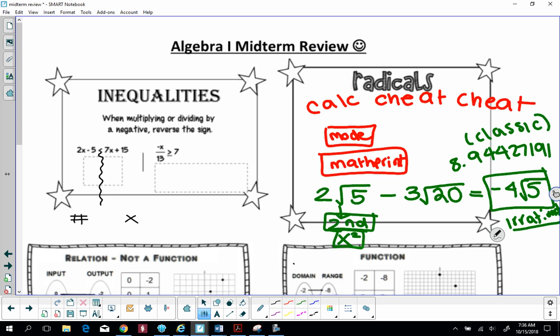So first, to move 2x to the other side, what do I do? If it's positive, subtract, right? So I'm going to subtract 2x from both sides. When you do that, don't drop that negative. You get negative 5 is less than 5x plus 15.